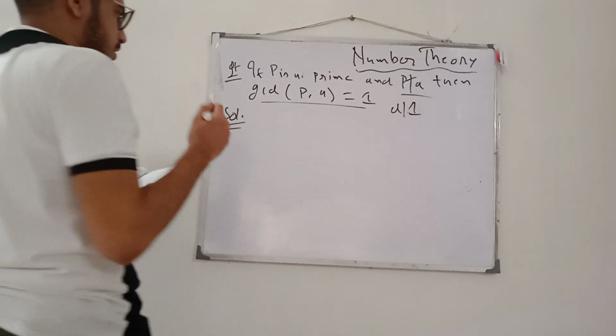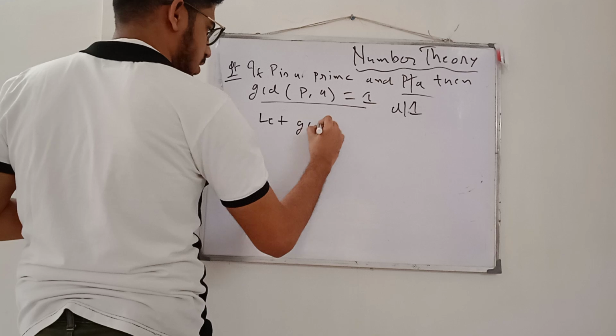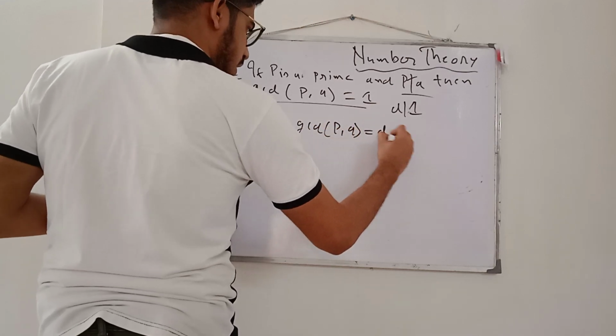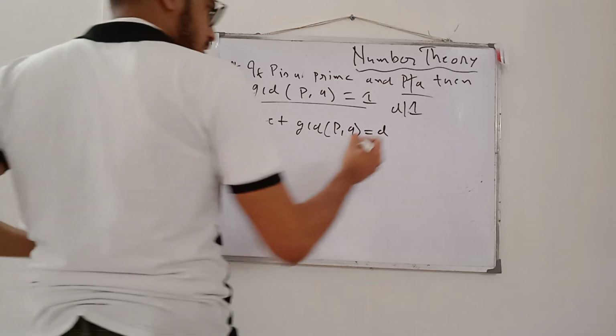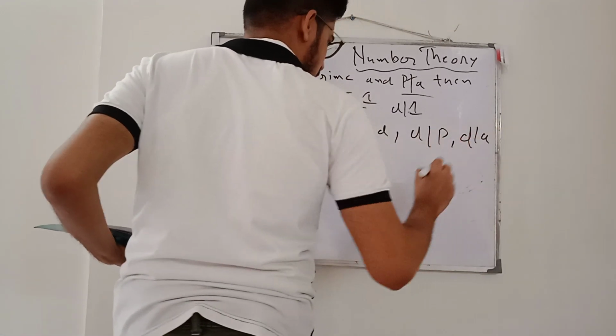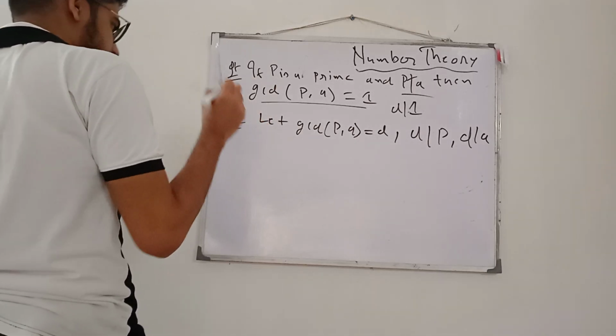Suppose they are saying let GCD(P, A) is equal to D. Then obviously D divides P, D divides A. Now they are saying P is a prime.